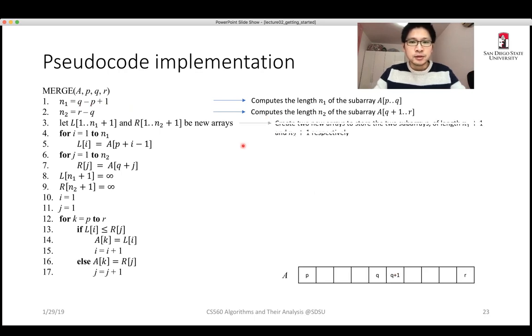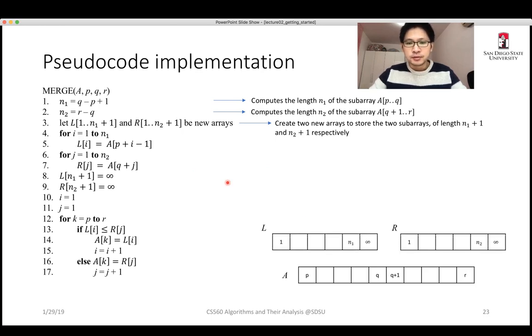And on line 3, it creates two new arrays to store the two subarrays. But with one more additional element, right? So the length for the array L is N1 plus 1, and the length for the new array R is N2 plus 1. And you will see why we need one additional element for the two arrays.